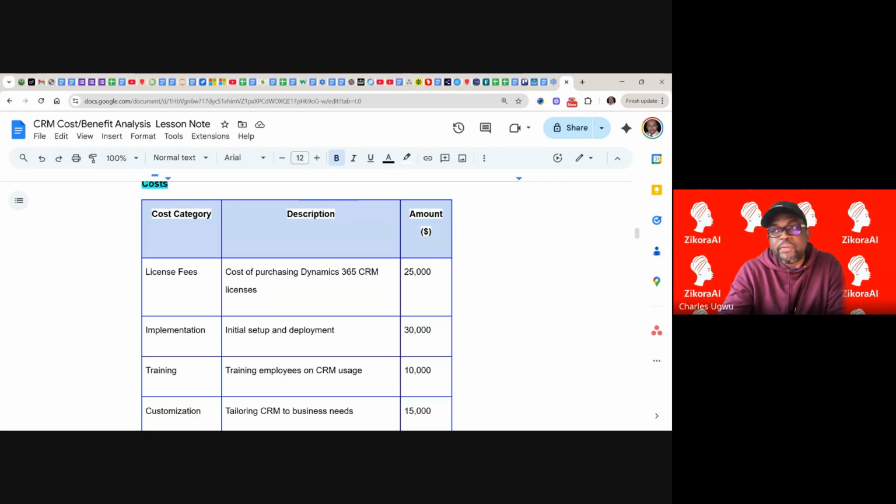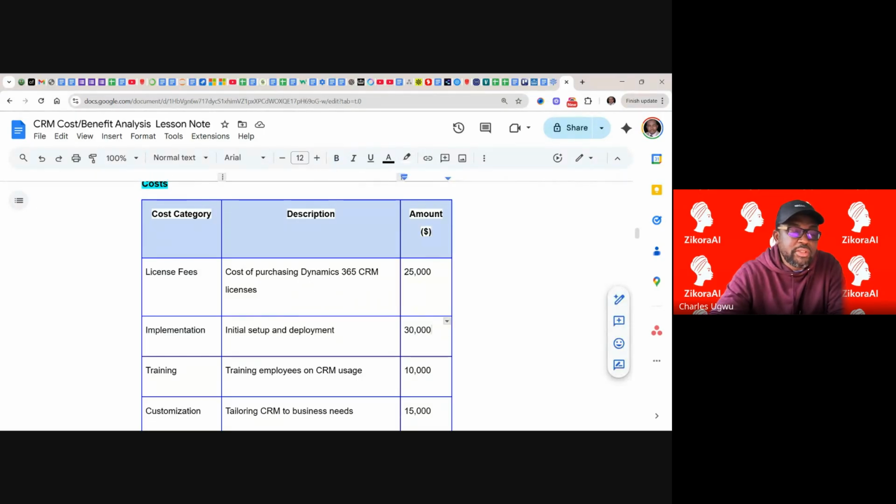If you have 2 people that are going to use it, then you buy licenses for 2 people. If you have 3 people, you buy licenses for 3. So the number of people that are going to use it will determine how much you are going to spend. Let's just say this is $25,000. It didn't specify the number of users, but this is just the cost of the license.